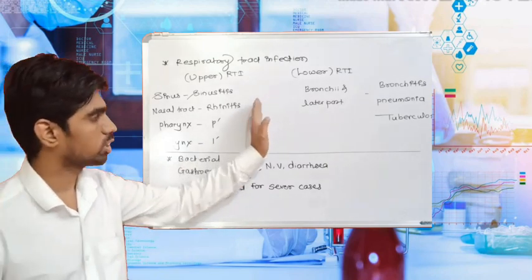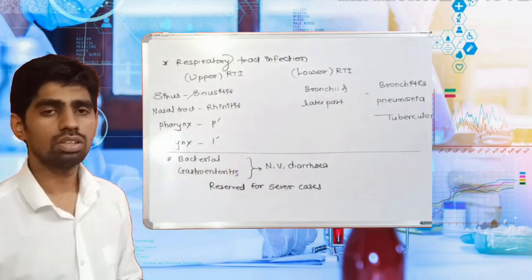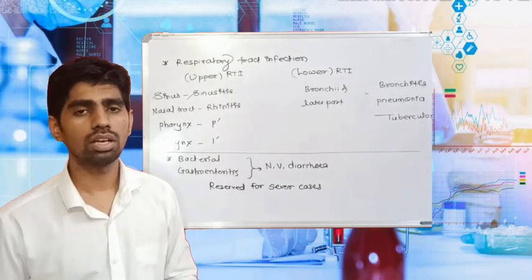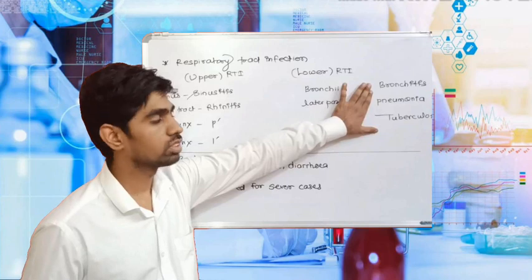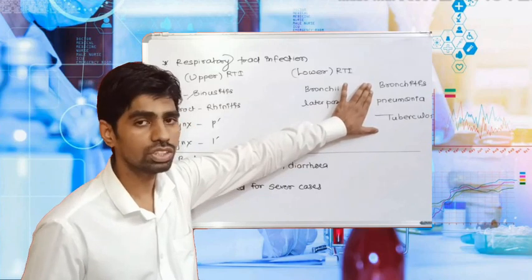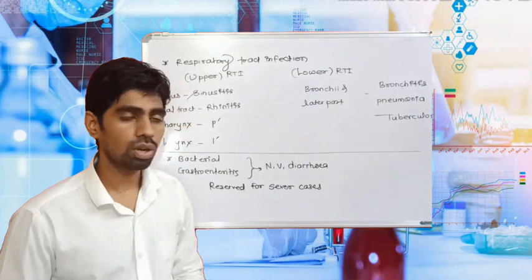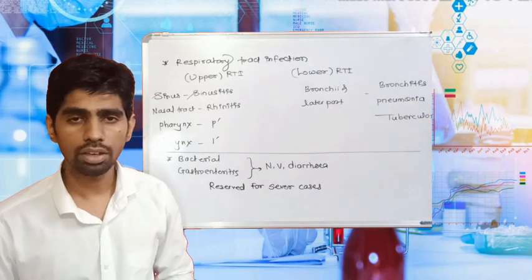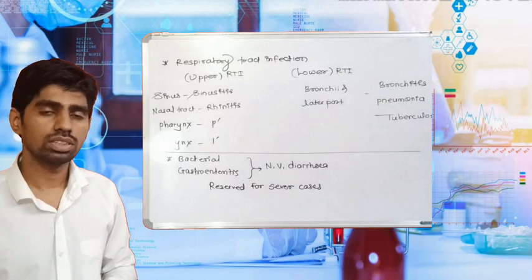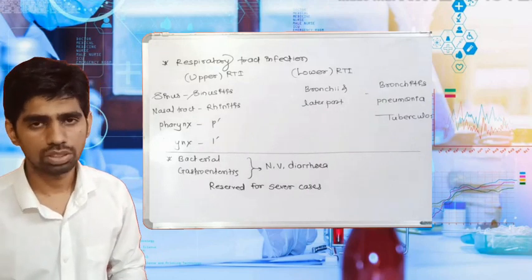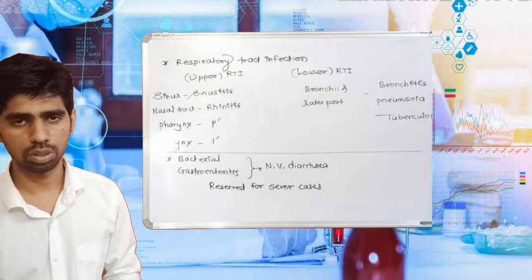Now, the lower respiratory tract infection. Here, the bronchi and the parts beyond are involved. The infectious conditions are bronchitis, pneumonia, and tuberculosis. Here, ciprofloxacin is not used as a primary drug. It is reserved for that purpose.